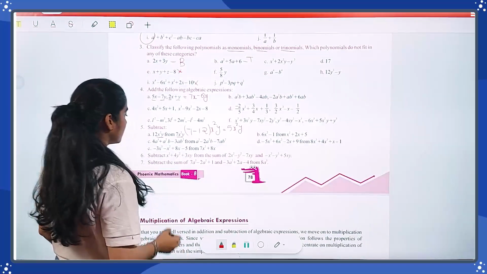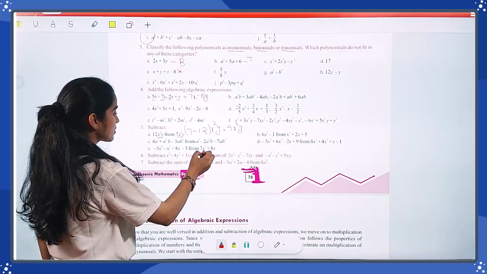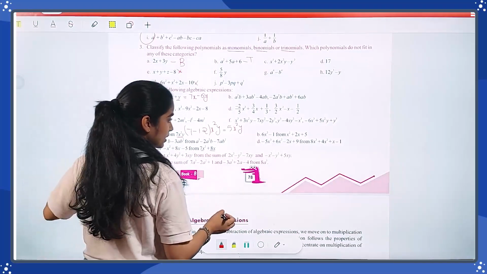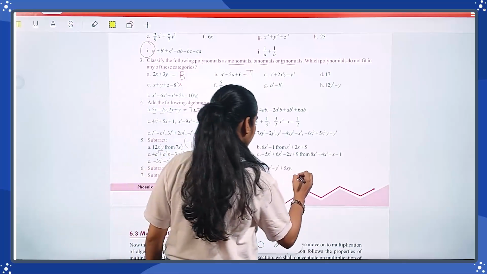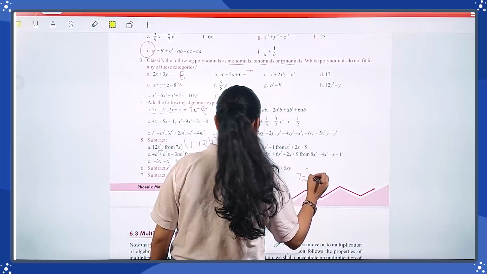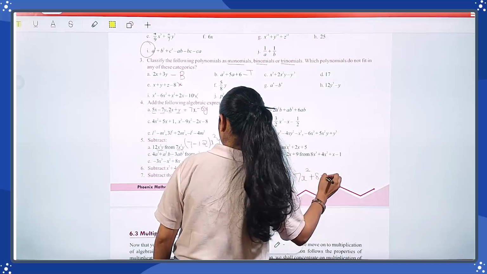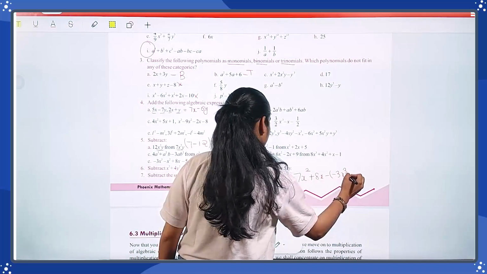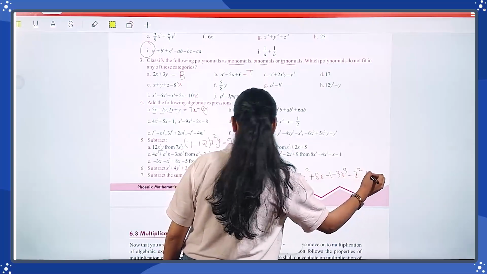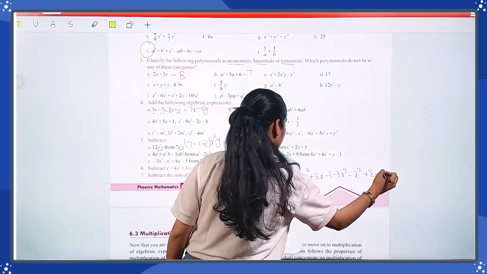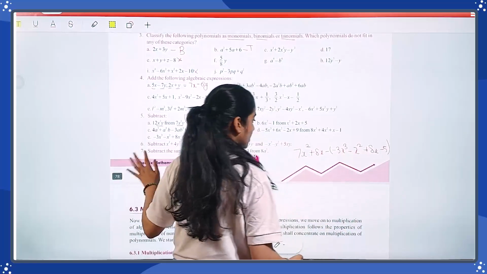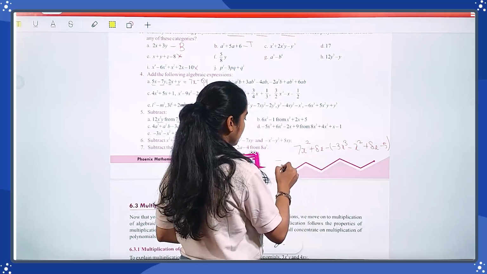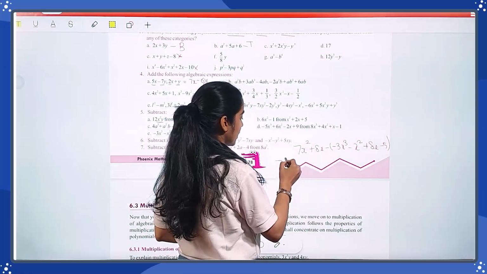Okay. One more question for you. 7x square plus 8x. Now what you have to do, you have to change the sign of each and every term, because outside the bracket we have minus.